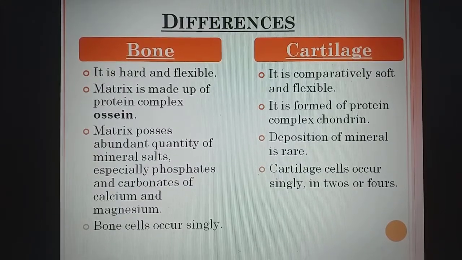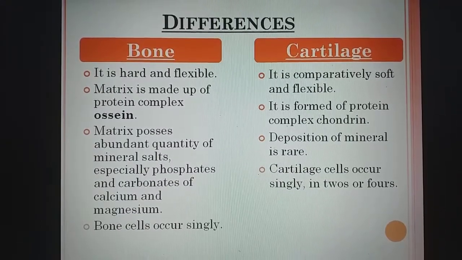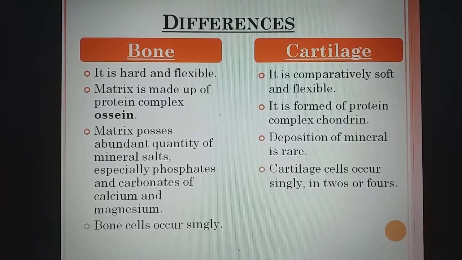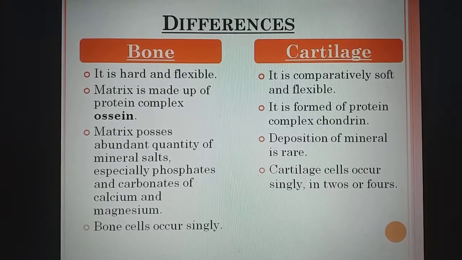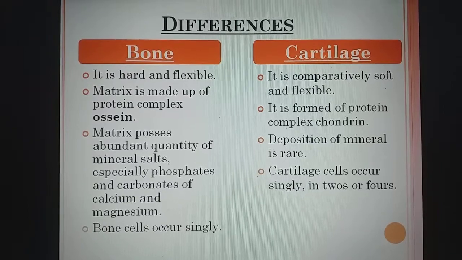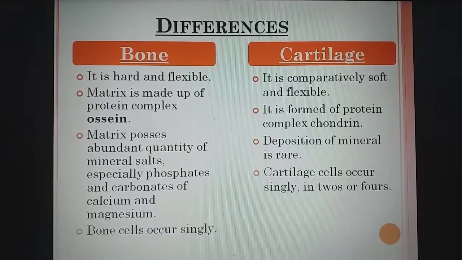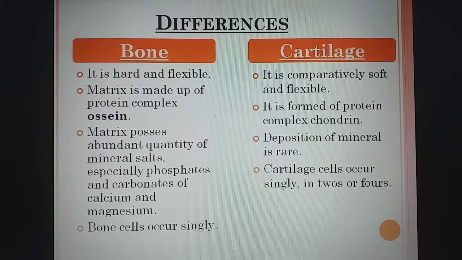Bone cells occur singly, whereas cartilage cells occur singly, in twos or fours, as I have already shown you in the diagram. So I think you must have understood.